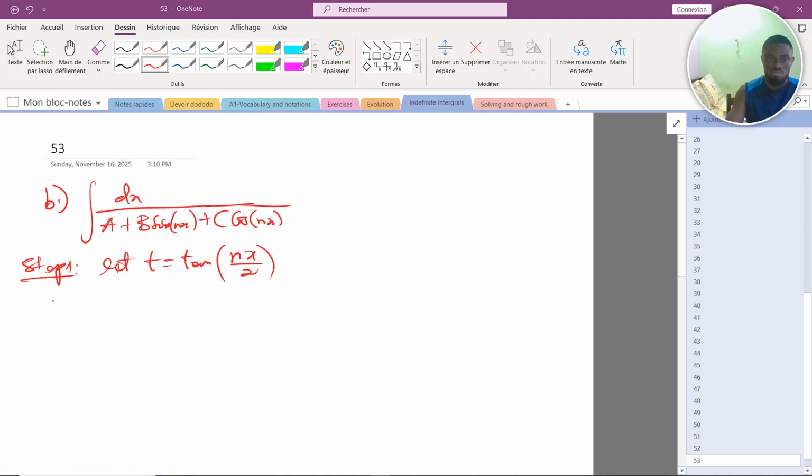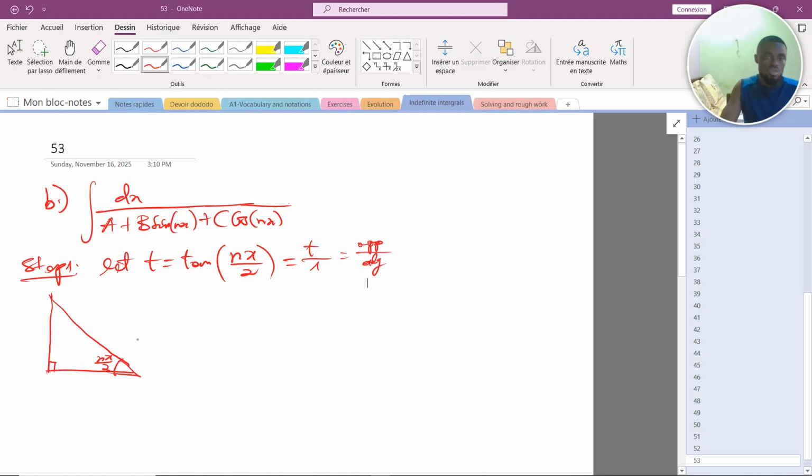After doing that, you naturally draw your right angle triangle. The angle that I'm going to put here is the angle of tan, that is nx on 2. This tan nx on 2, this t is the same thing as t on 1, which is opposite all over adjacent.